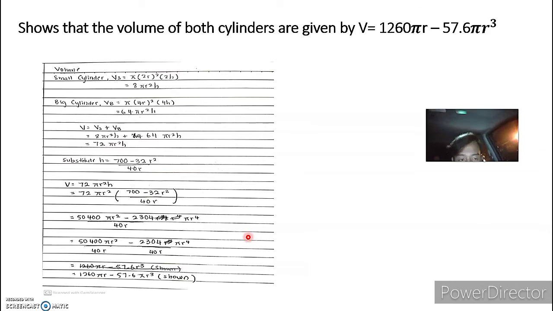Then we move to the next question, which shows that the volume of both cylinders is given by 1260 pi r minus 57.6 pi r cube. This is the same as the first one. We must find the volume of the small cylinder and the big cylinder. The small cylinder volume is 8 pi r square h, and the big cylinder is 64 pi r square h.